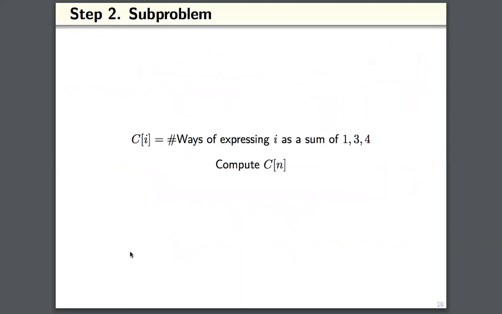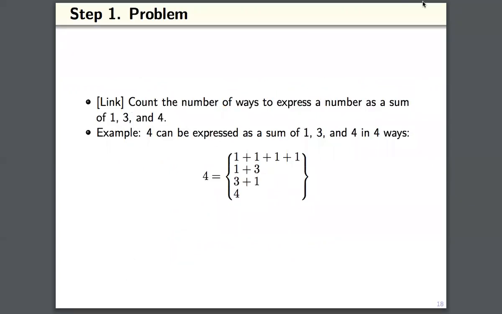Okay, let's take this example and start doing C of 4. The number of ways is 1.